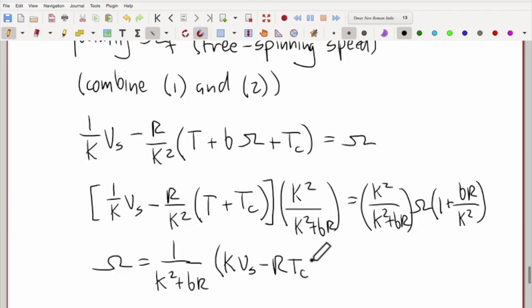I'm going to leave this together here, like this. And then I'm going to have this other term, which is the 1 over k squared plus Br times rT, because actually I care about T here. Okay?